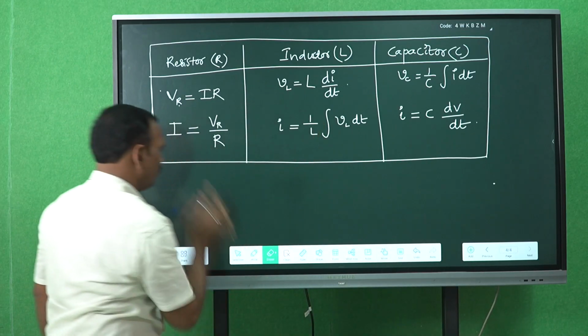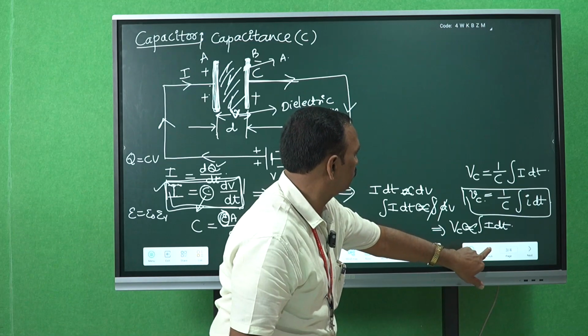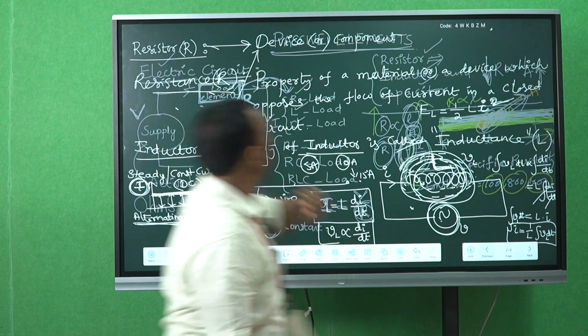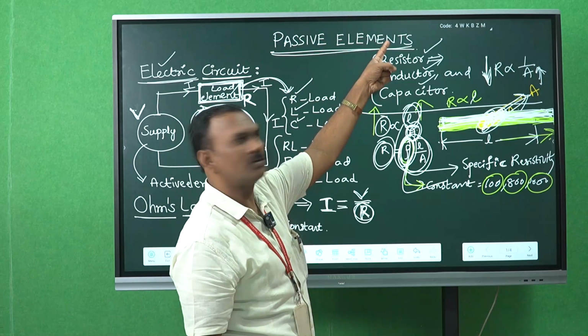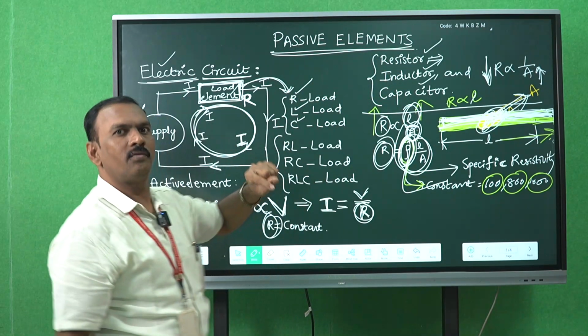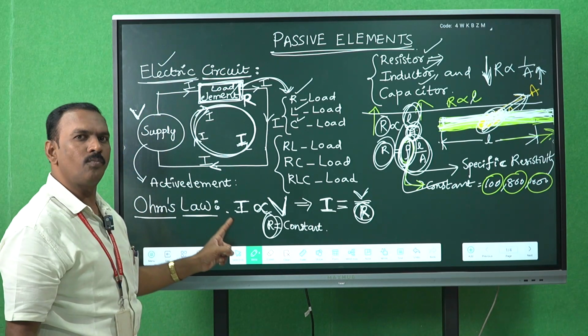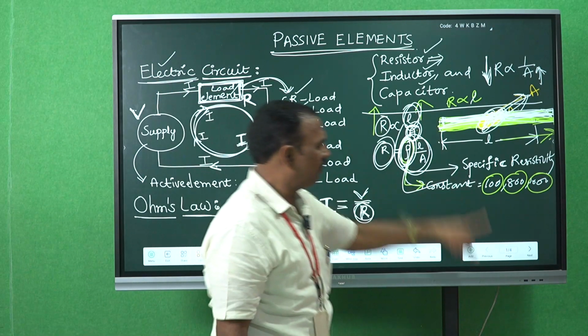So what is today's topic? Today's topic is passive elements. What are the passive elements? Resistor, inductor, capacitor. Where did we start? From electric circuits to Ohm's law, then Ohm's law to different elements.